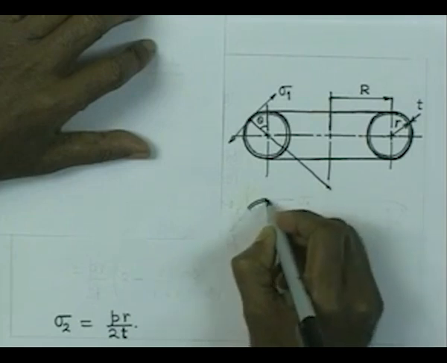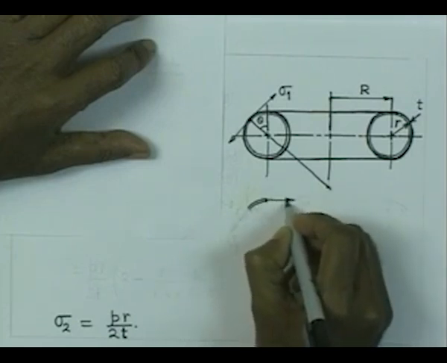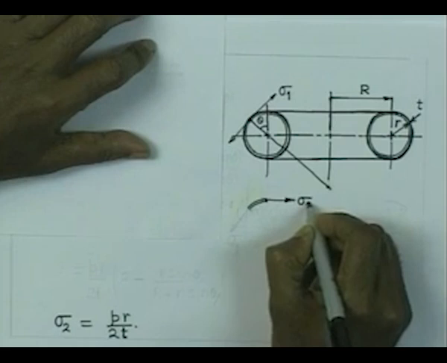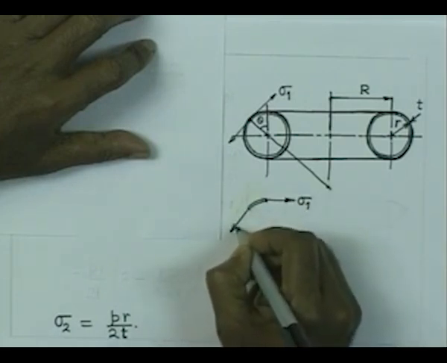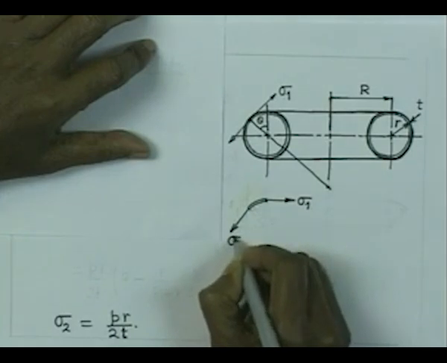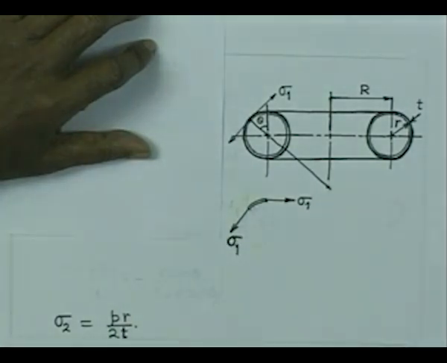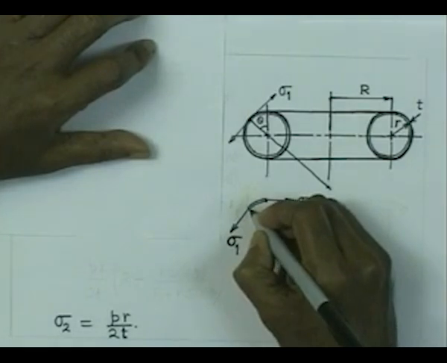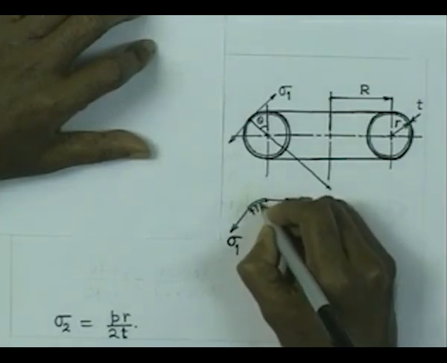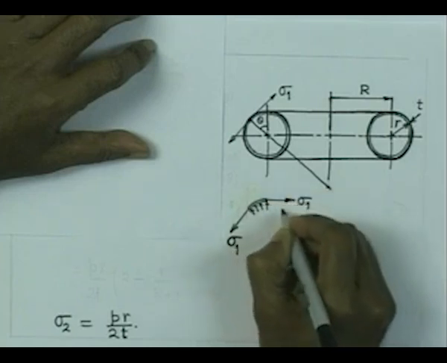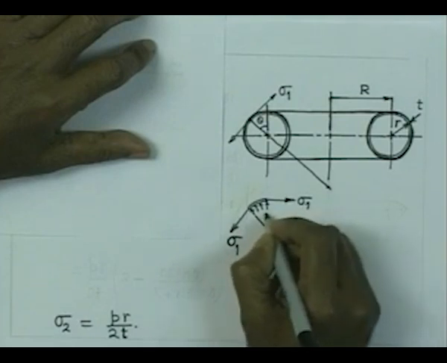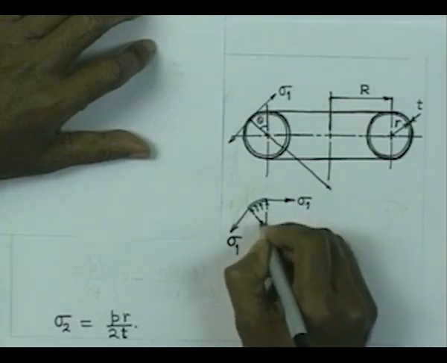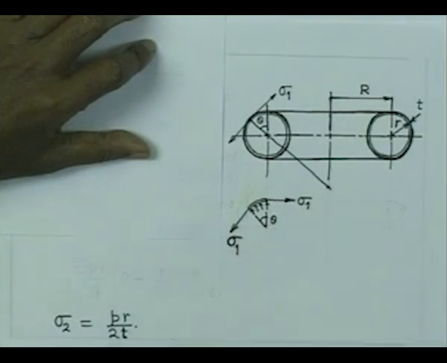If we consider theta to be small, we will have the stress here nothing but sigma 1, and this is also sigma 1, that is the stress acting. And now we have the fluid pressure acting, which is of uniform intensity P. So, our focus is on this segment only, which is making an angle of theta with the vertical.